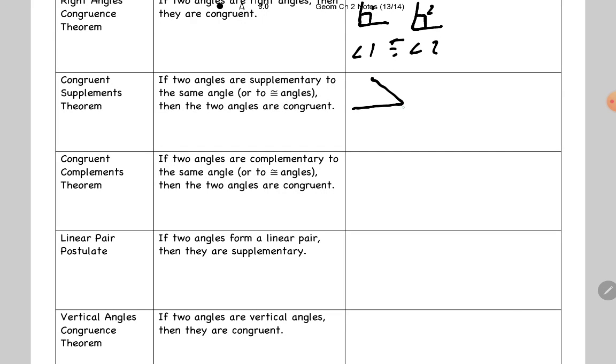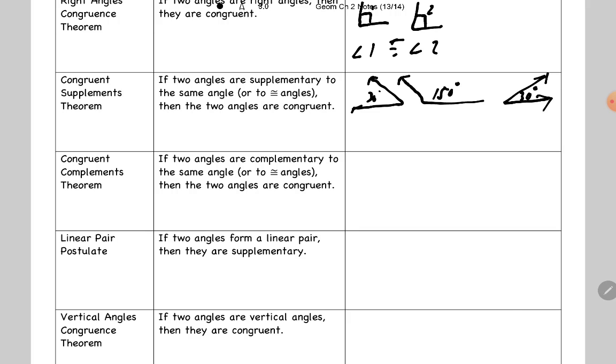So let's say we have that angle, and that angle, and that angle. So let's say that this is 30 degrees, and this is 150 degrees, and this is 30 degrees.